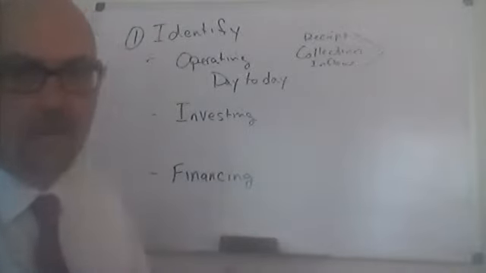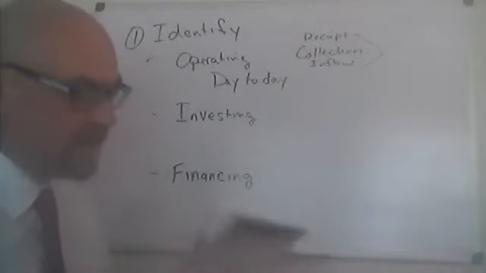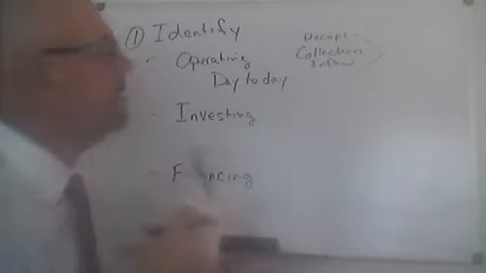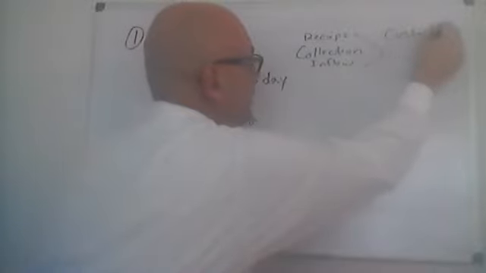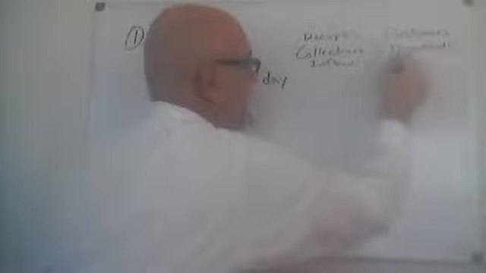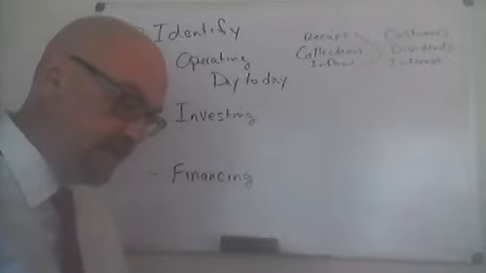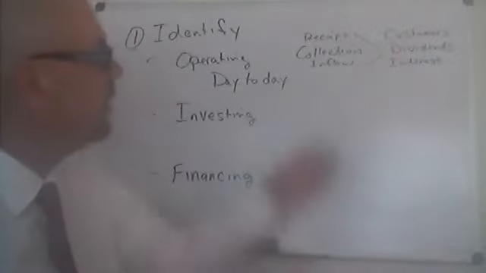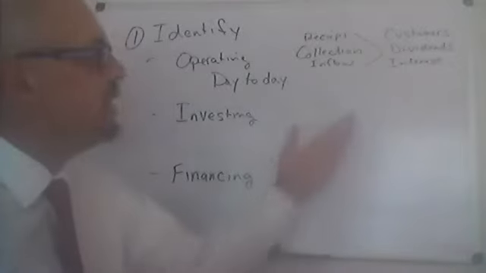Books could word it differently, questions could word it differently, but if you see collection or inflow, it's all cash coming into us. Okay, those are coming from customers, from dividend payments, and from interest.